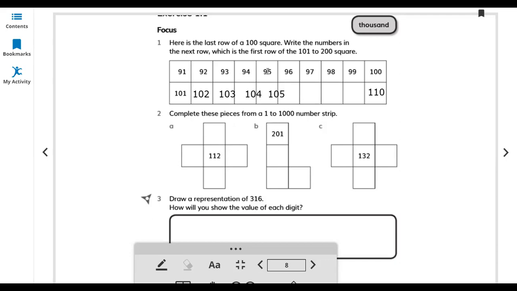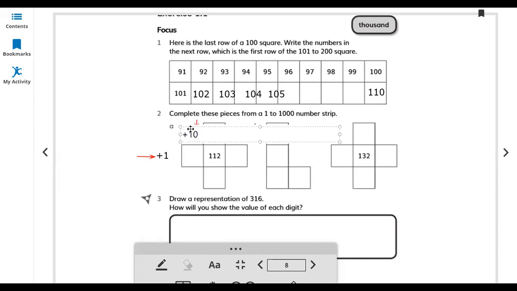I just write it in simple words. Keep in mind that when we are moving forward, it is plus 1, and when we are moving downward, it is plus 10. Upward, minus 10. But downward, it is plus 10.